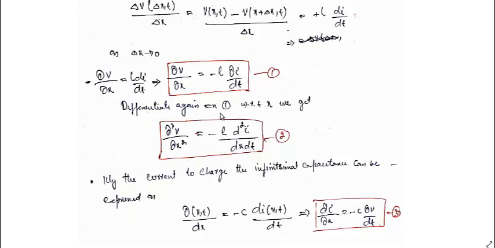Differentiate equation 1 again with respect to x, we get del square v by del x square equal to minus L del square i by del x del t. So this is equation 2.